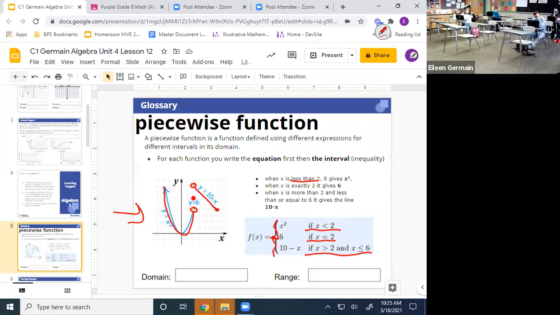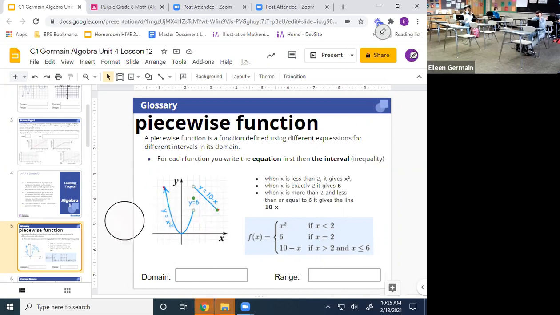So when x is less than 2, we have this equation. When x is equal to 2, we have this equation. When x is greater than 2 but less than or equal to 6, we have this expression here. Okay? We're going to skip the domain and range part of it because we're going to talk about that in the next activity.